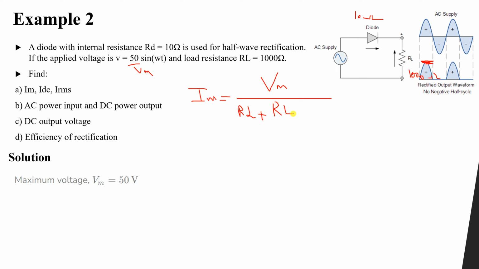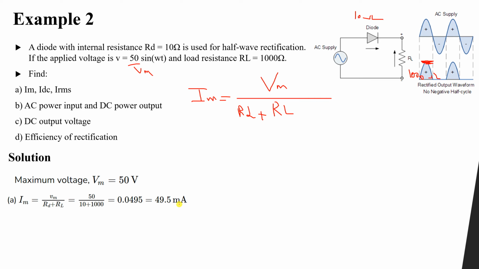So I max will be V max over RD plus RL, which will be 49.5 milliampere.